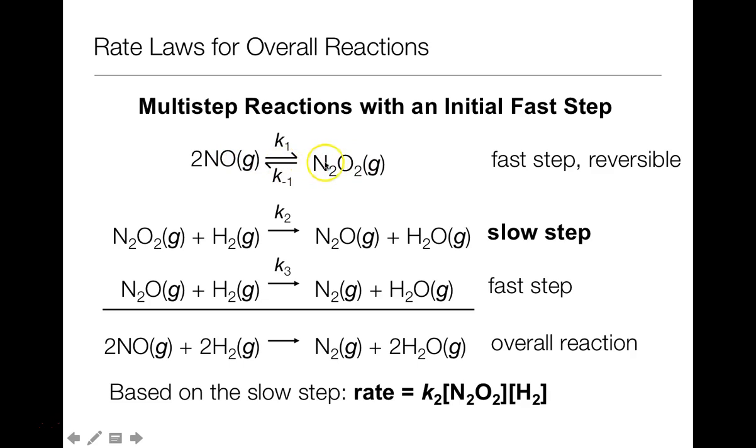What this means is, usually within a couple of microseconds, that this equilibrium is established, in which the rate at which this forms equals the rate at which it breaks apart. So this is going to be a bit of a red herring. This is what we'll be getting into in terms of equilibrium in the next chapter. We'll be dealing with forward and reverse reactions, but assume that as soon as this one forms, it's breaking apart, and within a couple of microseconds we end up with a pretty stable population of both NO and N2O2, at a stable concentration.